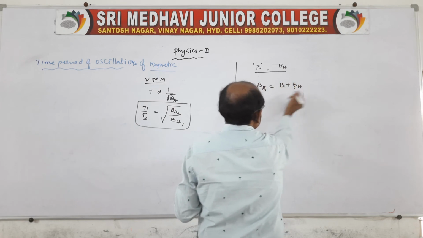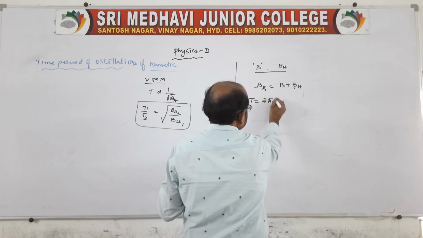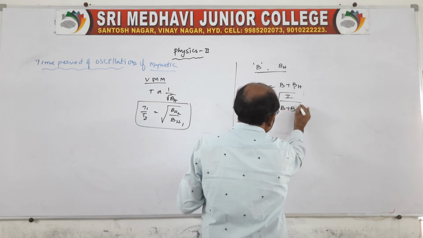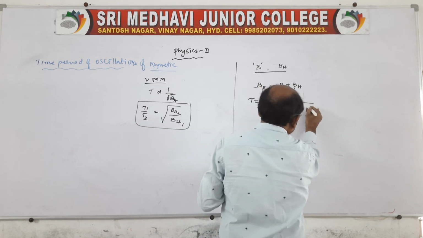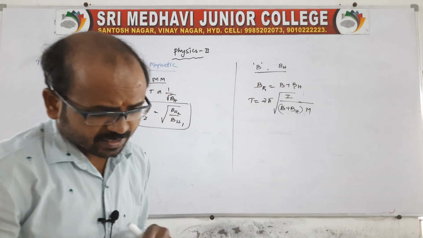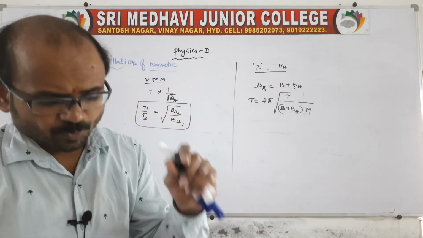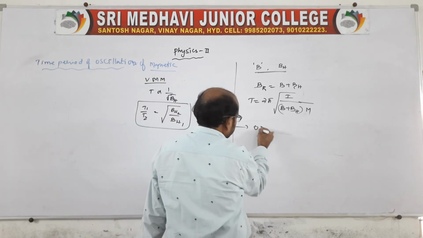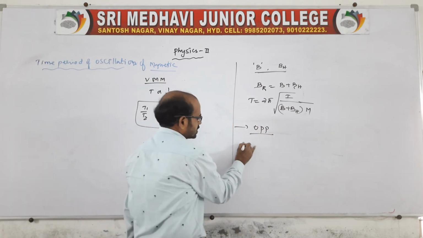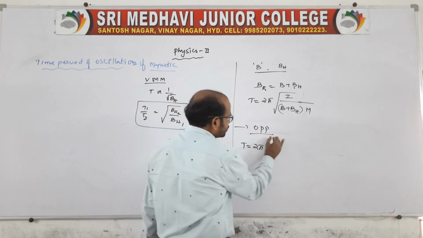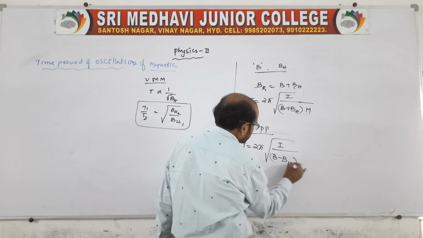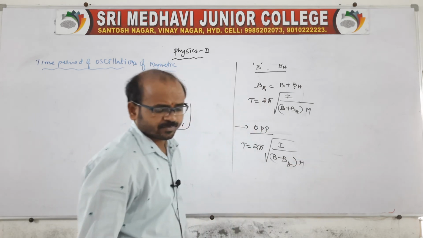So the time period is equal to 2 pi into root over I by M into (B plus BH). Suppose it is opposed, here it is opposition. Then the time period will be 2 pi into root over I by M into (B minus BH).